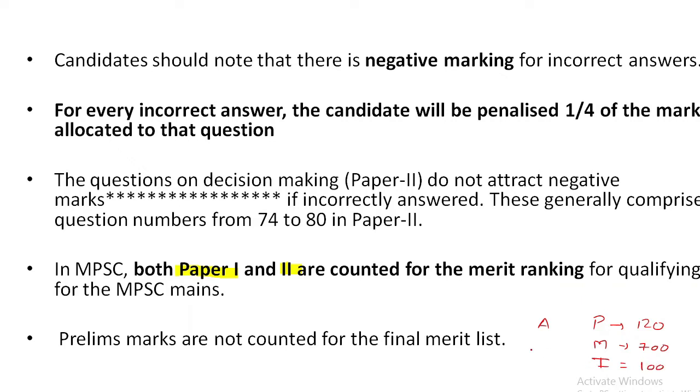For the final merit list, only mains plus interview, that is 800 marks, will be considered. This 120 is only the ticket to your mains. I hope I cleared all of your doubts.